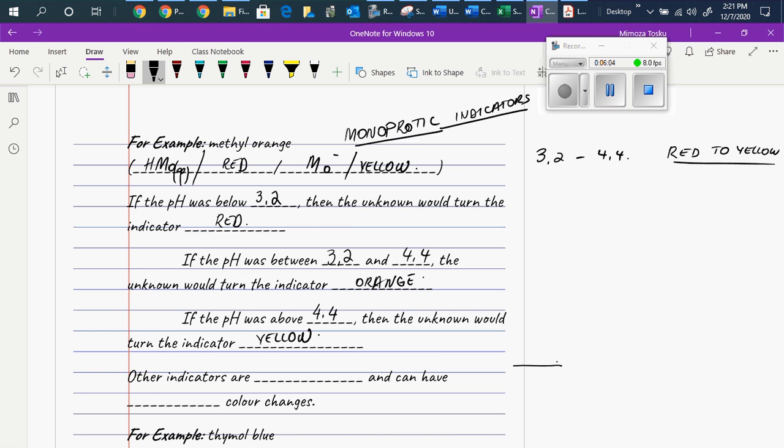Those with more than one hydrogen are called polyprotic indicators. They can have multiple color changes.